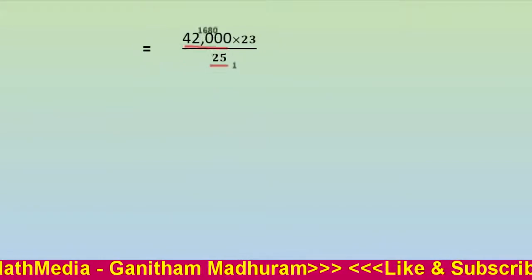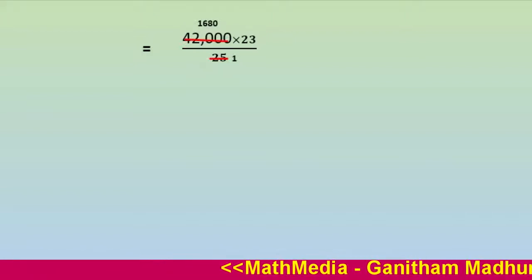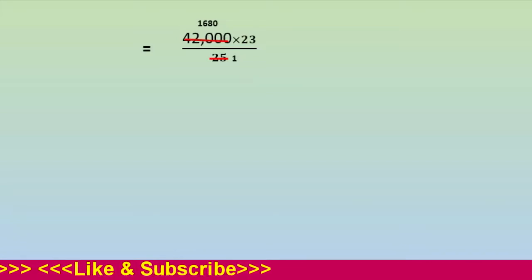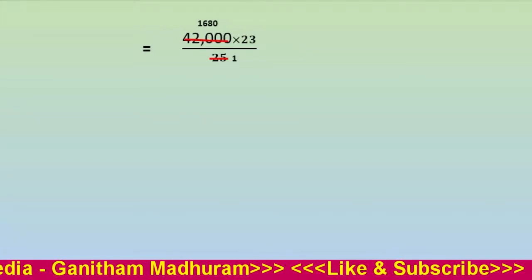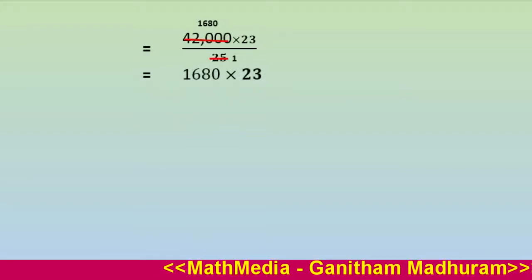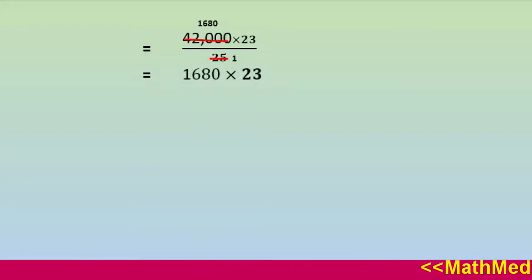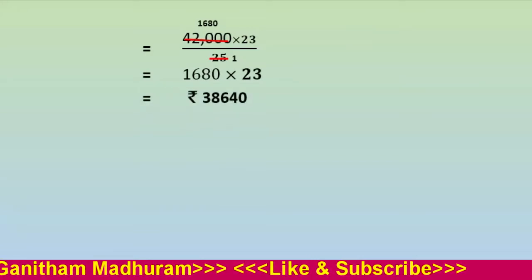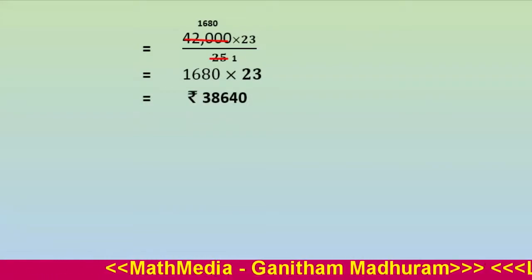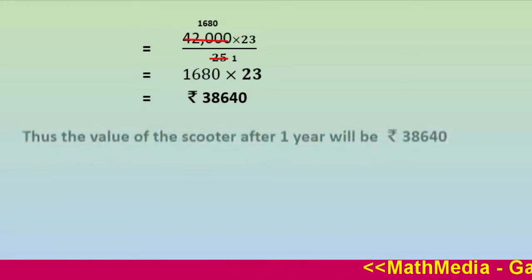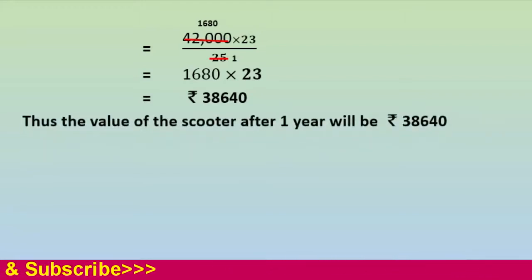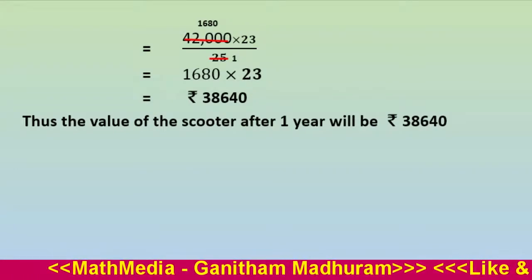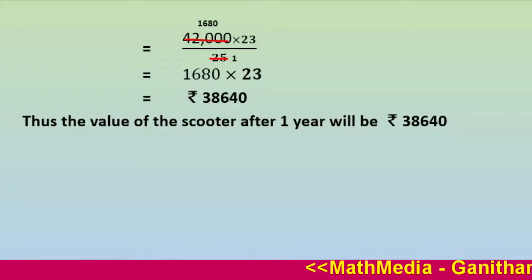Now you can cancel 42,000 and 25. The numerator becomes 1,680 and the denominator becomes 1. Now we multiply the numerator, 1,680 multiplied by 23, which gives rupees 38,640. Thus the value of the scooter after 1 year will be rupees 38,640.